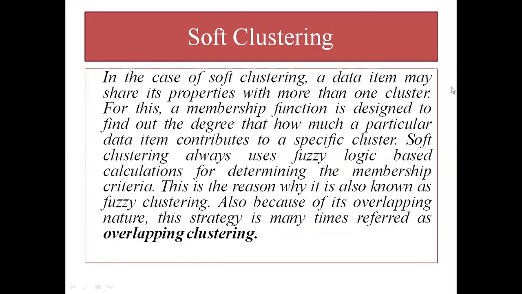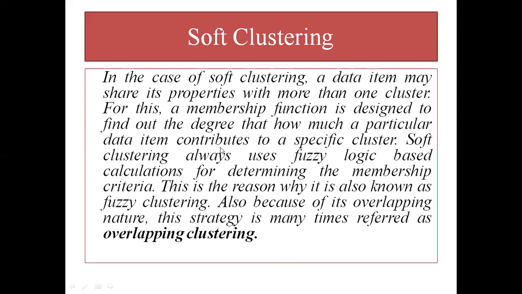Soft clustering: here, a data item may share its properties with more than one cluster. For this, a membership function is designed to find out the degree to which a particular data item contributes to a specific cluster. Soft clustering always uses fuzzy logic based calculations for determining the membership criteria.